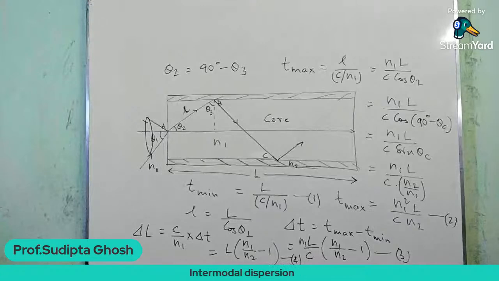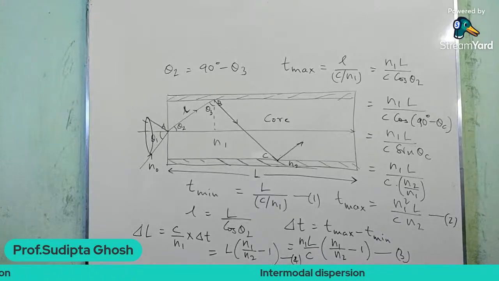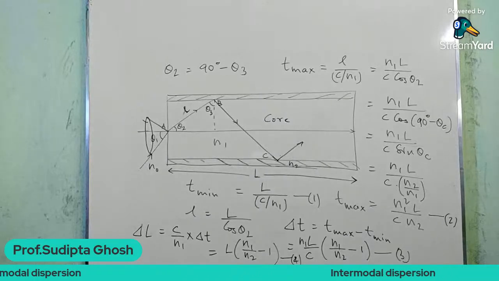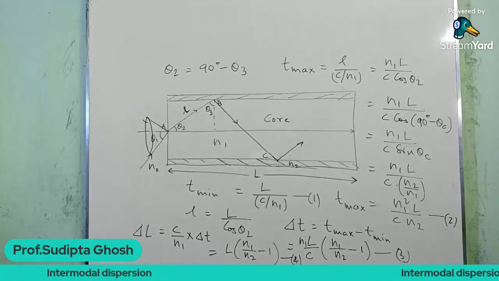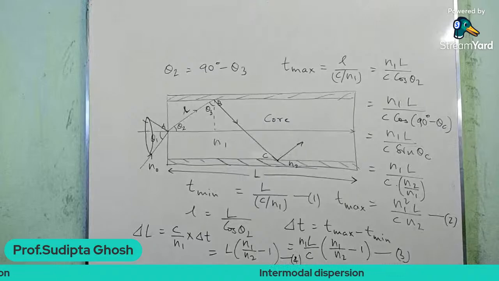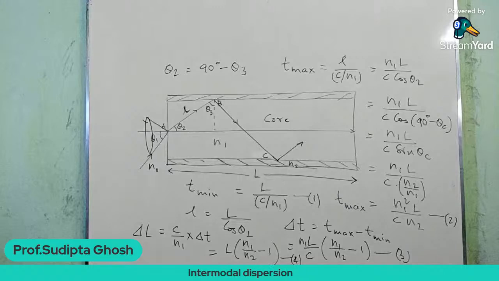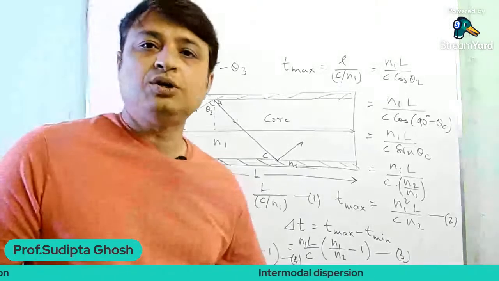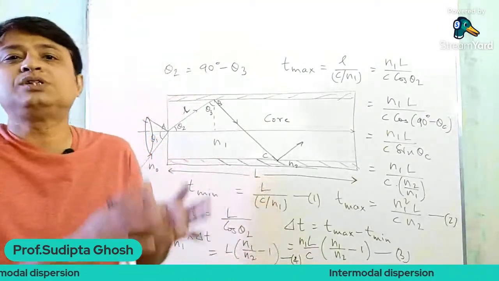So to make the transmitted signal readable, the time interval between two consecutive pulses must be large compared to the spread out width, that is delta L. So the intermodal dispersion limits the rate of signal transmission through the fiber.